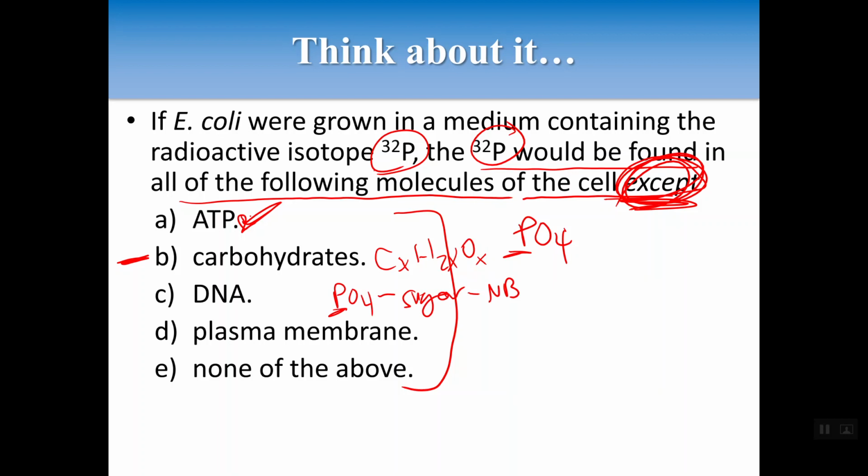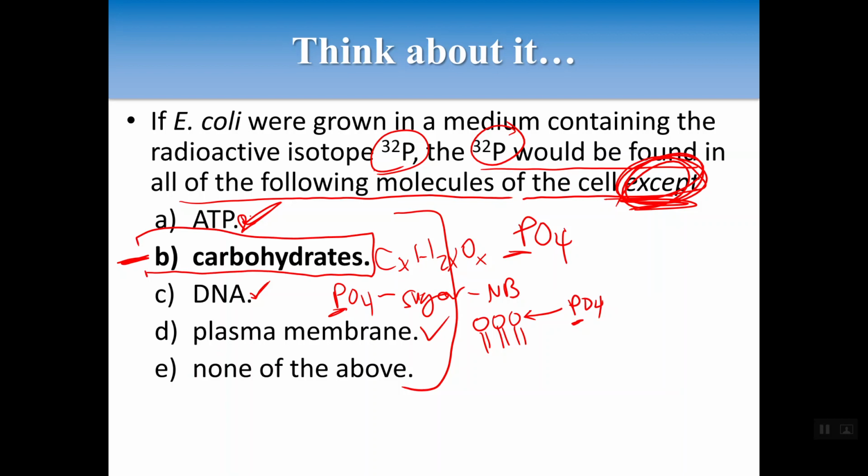So there's our phosphorus. So that, yes, has a phosphorus. The plasma membrane is made up of phospholipids, and those phospholipids have a phosphate attached to their heads. So there's your phosphorus. And so we know that carbohydrates don't have the phosphorus. So that is actually the answer.